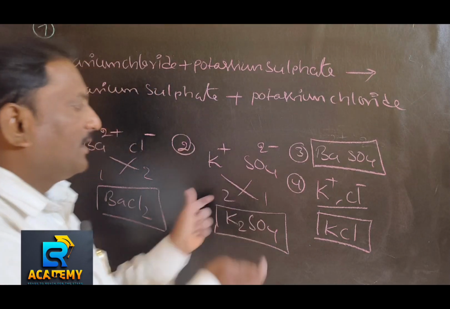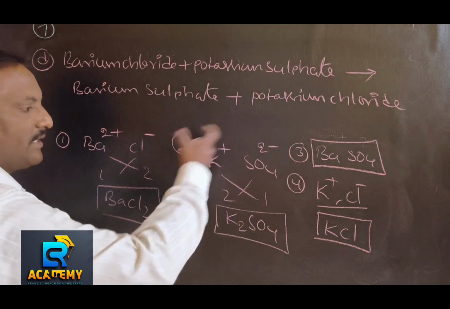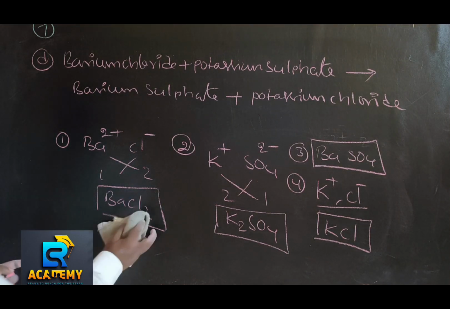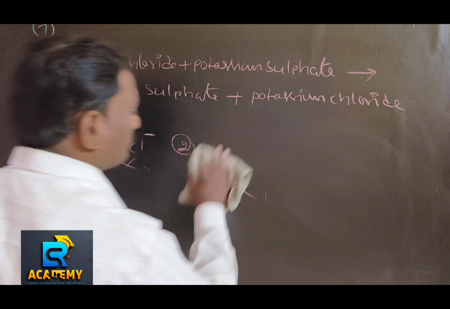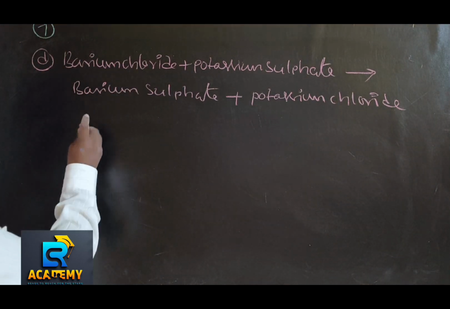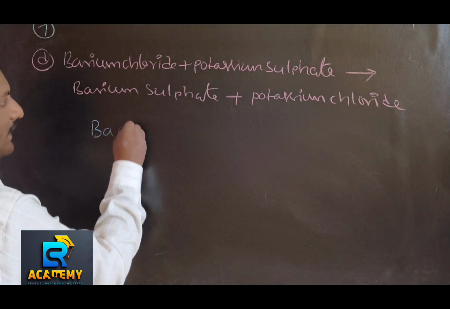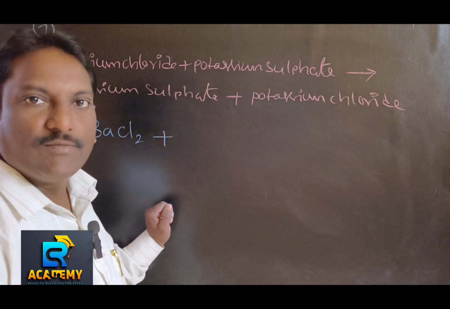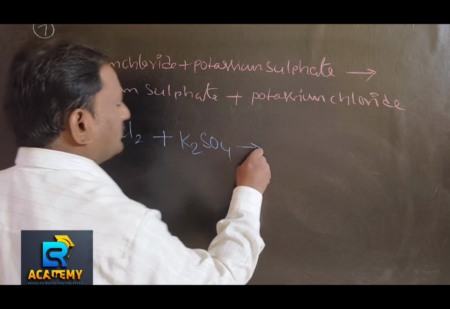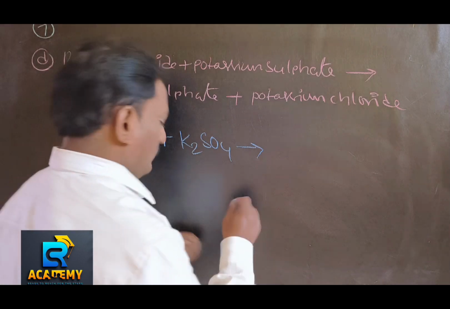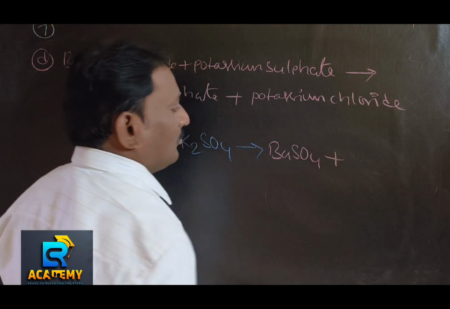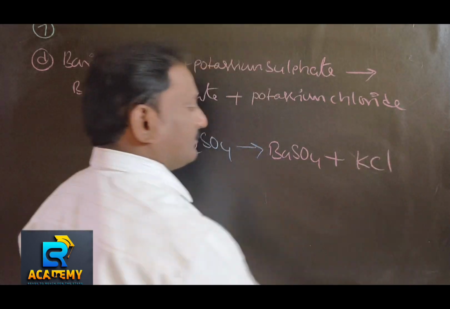So these are the reactants' and products' formulas. Now let us replace the names with their formulas. BaCl2 plus K2SO4 gives BaSO4 plus KCl.